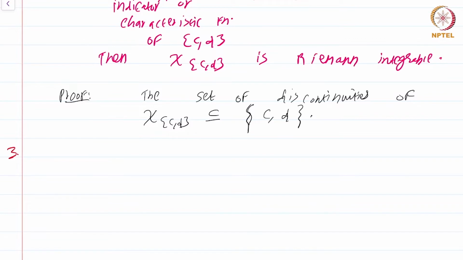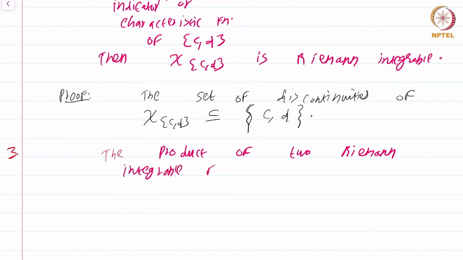The product of 2 Riemann integrable functions is Riemann integrable. So let's see a proof of this.